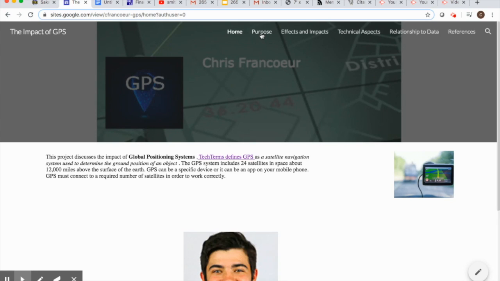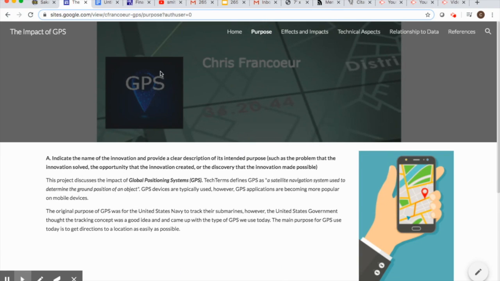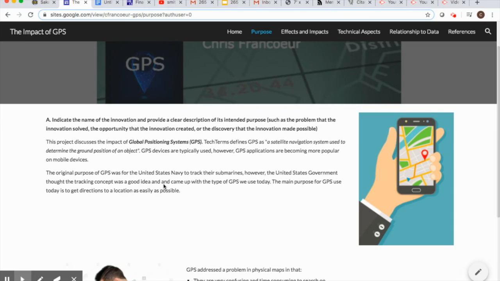Now we move on to the purpose of GPS. Indicate the name of the innovation and provide a clear description of its intended purpose. So obviously we are discussing GPS. The original purpose of GPS was for the United States Navy to track their submarines.